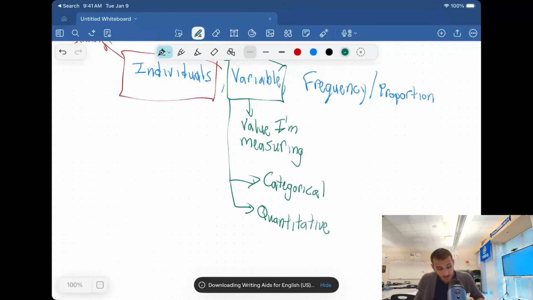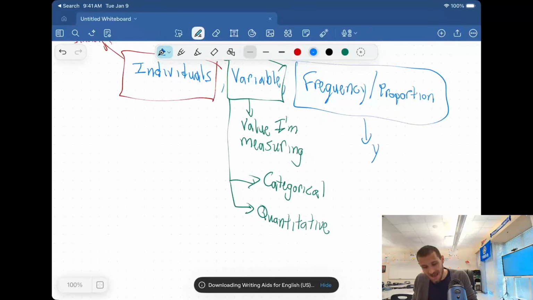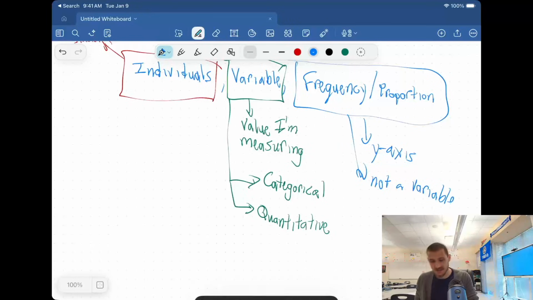And then frequency, as we said in class, is always on our y-axis. The frequency is not a variable. It is just telling us the amount of that variable, or that part of the variable, that is present. And with proportion, it tells you how the variable is broken down. 50% of cars are blue, 20% are green, things like that, and that would tell you proportions.